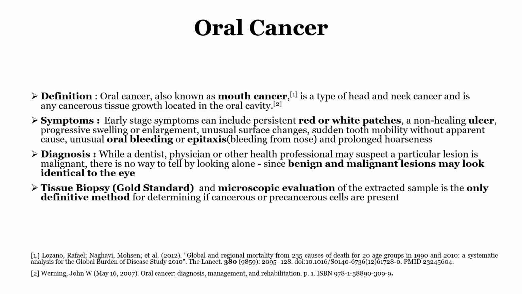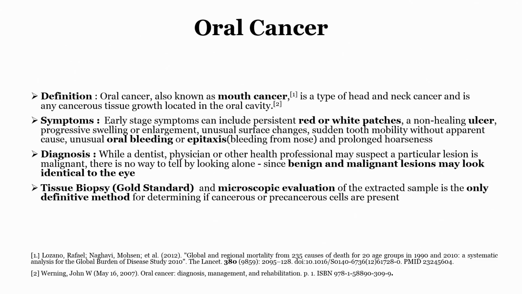So, let us also understand what an oral cancer is, and then we will see a device that can measure the change in the tissue properties. Okay. So, oral cancer, if I just give a definition, is also known as mouth cancer and is a type of head and neck cancer, and is any cancerous tissue growth located in the oral cavity, right.